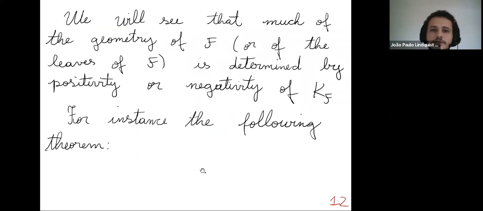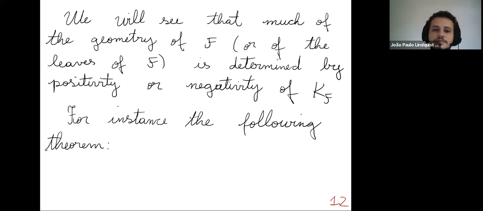The main reason we define this is that the positivity or negativity of the canonical class of a foliation tells a lot of information about the foliation itself.